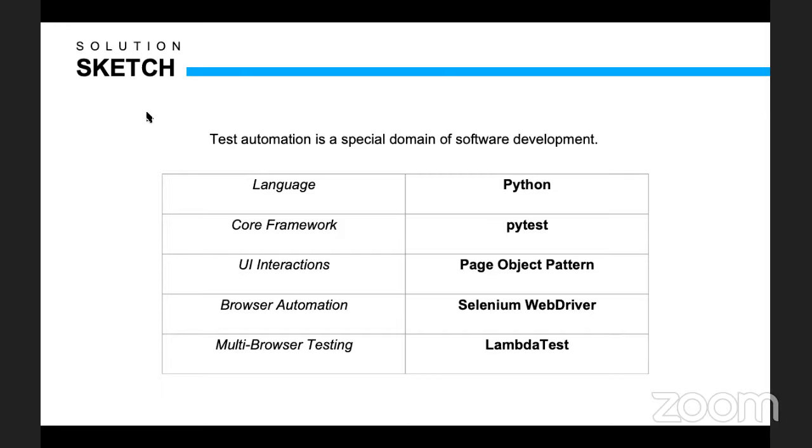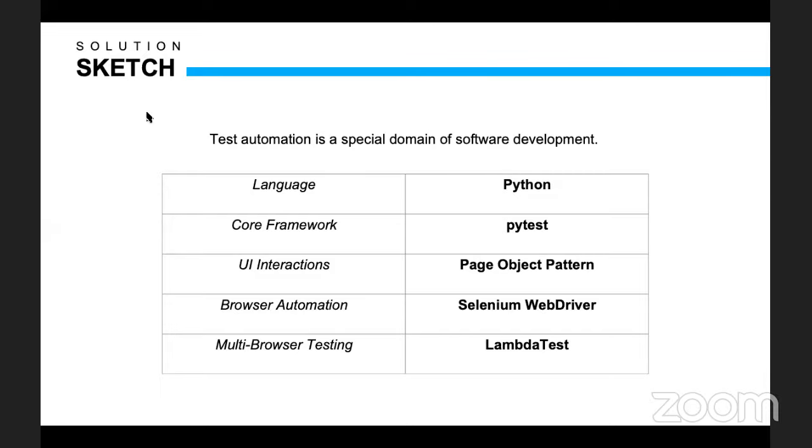Our core framework is going to be the PyTest framework. That's one of Python's most popular test frameworks. For our web UI interactions, we'll model them using something called the page object pattern. Now, if you've done web UI test automation before, you probably know about page objects, but we'll cover them in detail.